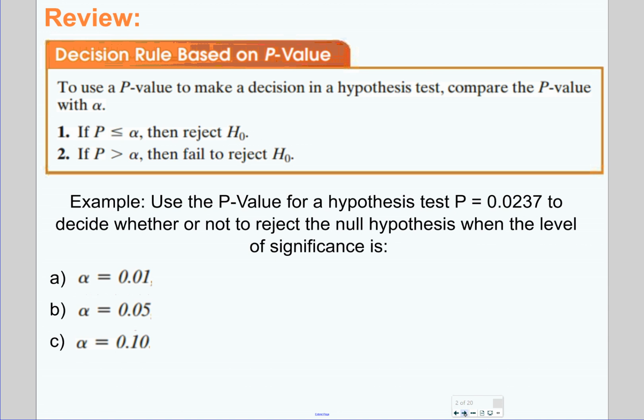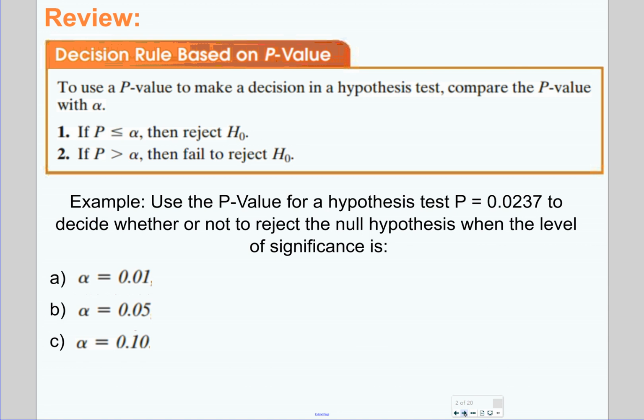P is going to be an area under the curve, and it's either going to be to the left or to the right or on either side, depending on if we have a left tail, a right tail, or a two-tail test that we talked about before. If P is less than or equal to alpha, we're going to reject the null hypothesis. That's going to help us make our decision. And if P is greater than alpha, then we are not going to reject the null hypothesis, or fail to reject.